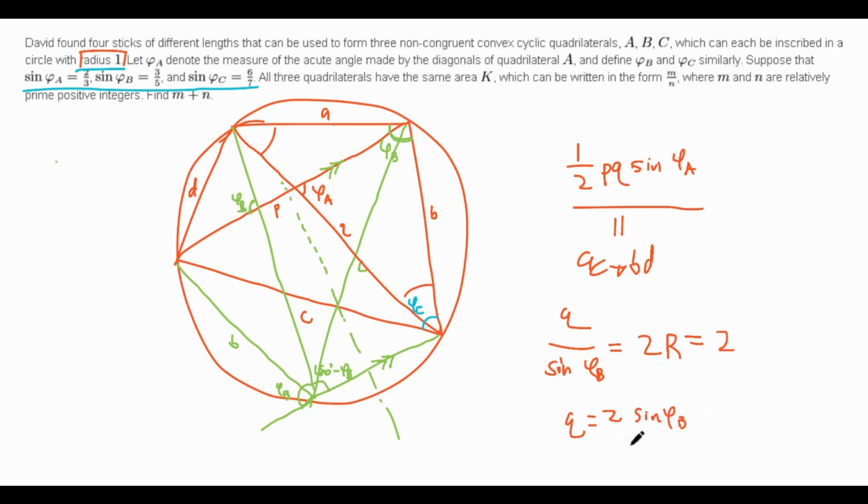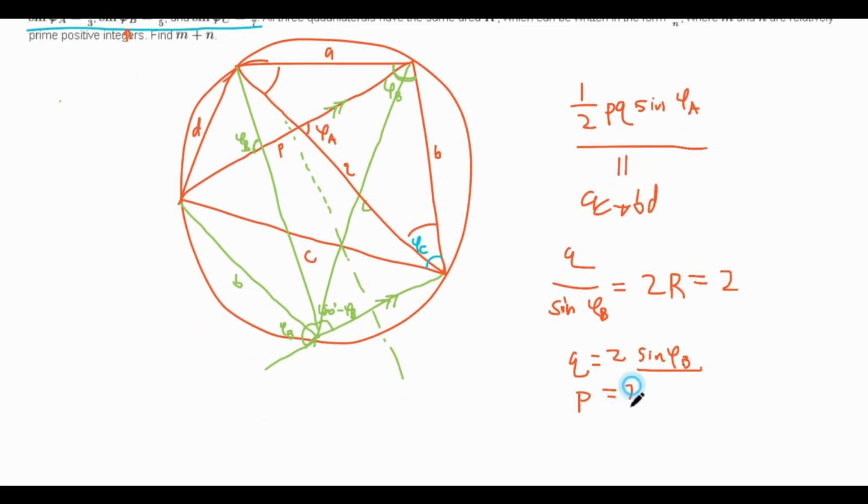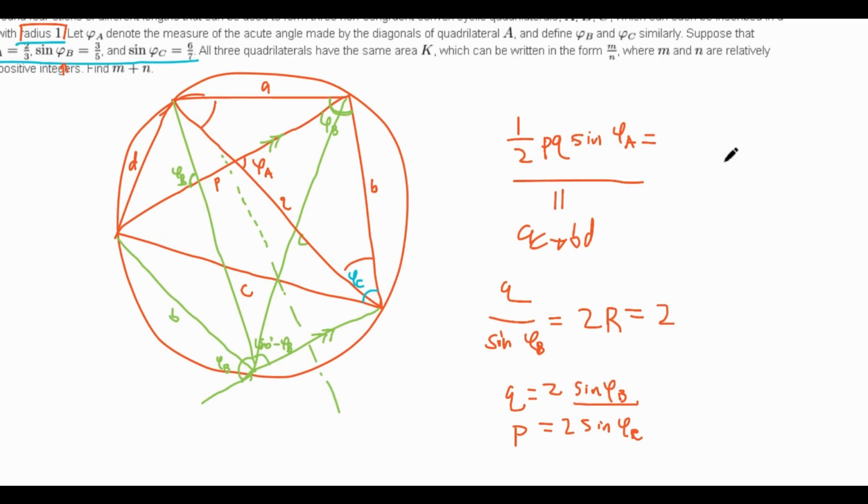Furthermore, we also know what sine of phi sub B is, because that's just given to us. So this is very good, because now we think that we can solve the problem. In a similar vein, we can find that P is equal to 2 sine of phi sub C. So that implies that 1/2 PQ sine phi A is just going to equal 1/2 times 2 sine of phi sub B times 2 sine of phi sub C times sine of phi sub A, which is equal to 2 times 2/3 times 3/5 times 6/7.